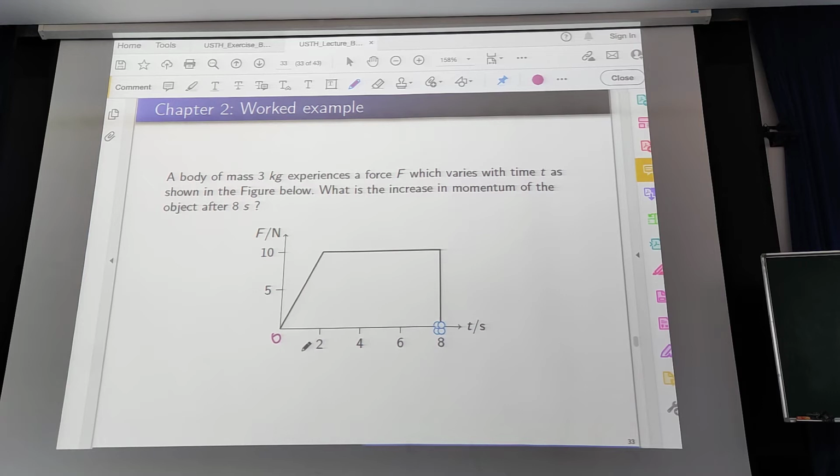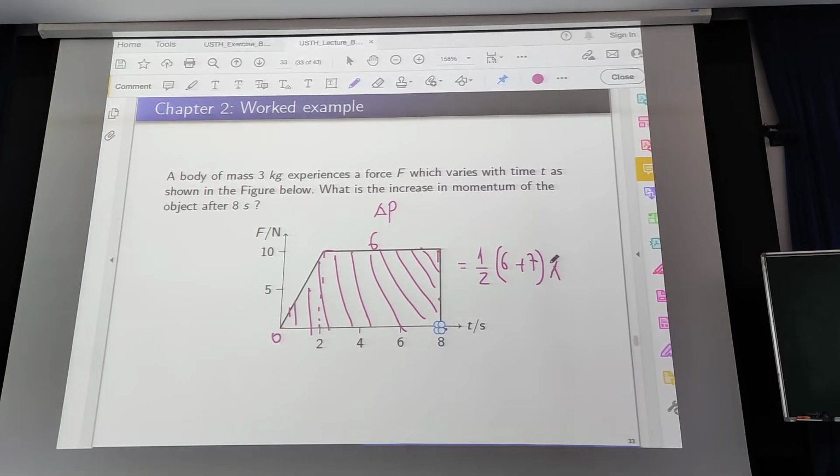So the change in the momentum is equal to the area below the F-t graph. So this area equals 1/2 of this plus this multiplied by this. Agree? Yes. So this one equals what? 6 plus 8 multiplied by?